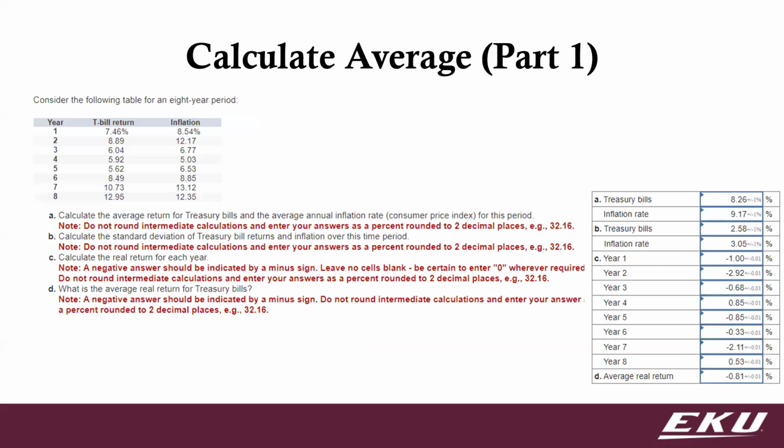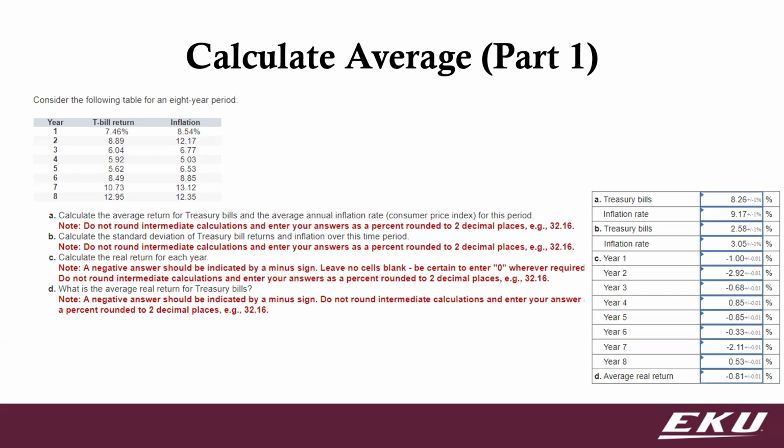Okay, here's some more about calculating the average. And again, this one's a little long, but there's a lot of parts to it. That's why it's over multiple slides. But they give us T-bill returns for 8 years, and then they tell us what inflation is over those years. So they ask us to calculate the average return and the average inflation, which we've done that calculation several times already.